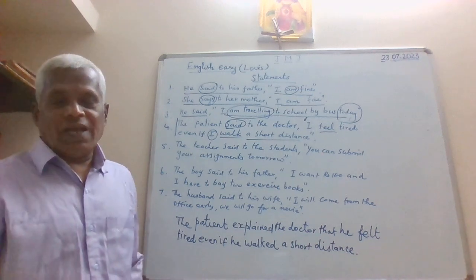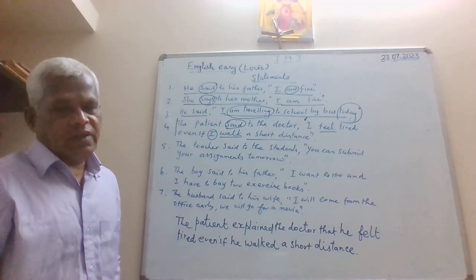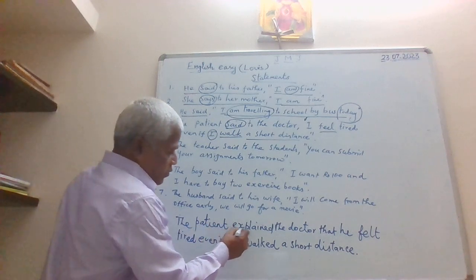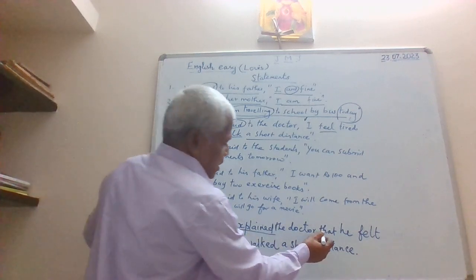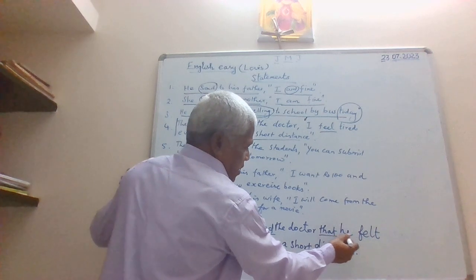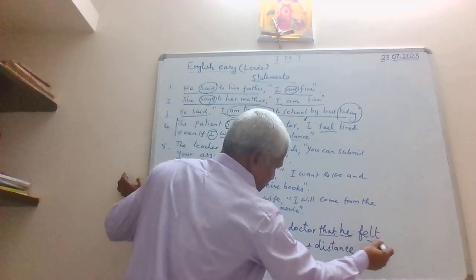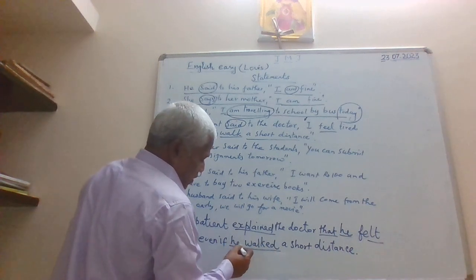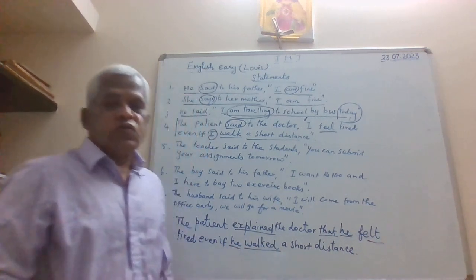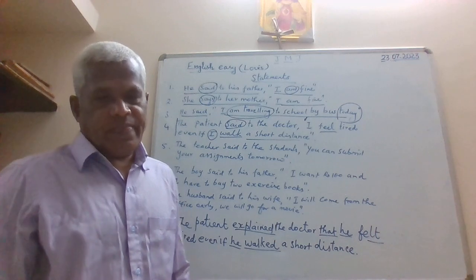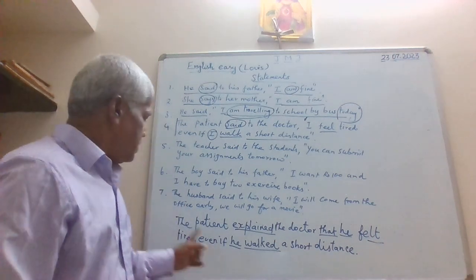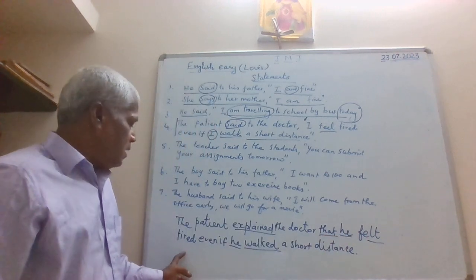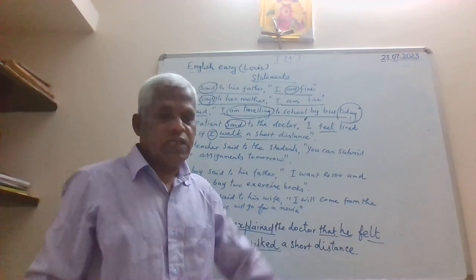Fairly a long sentence. Look at the changes. You change the reporting verb, and then you add the conjunction, change the pronoun, change the tense, even the pronoun. You have two subjects and two verbs there. Good. See, the patient explained to the doctor that he felt tired even if he walked a short distance.